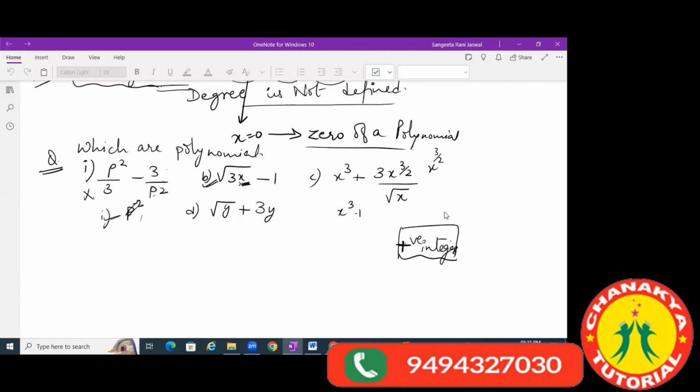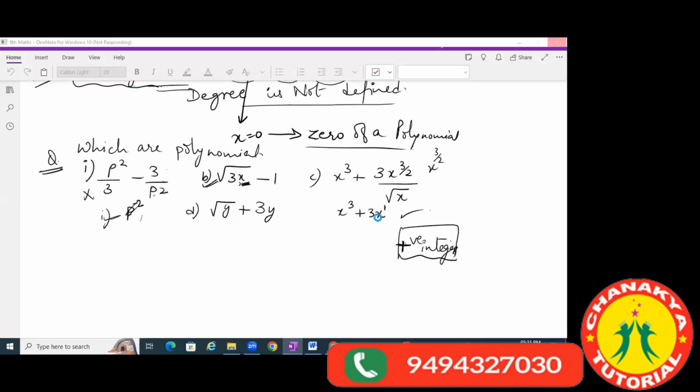So this is a polynomial because the powers of the variables are positive integers.